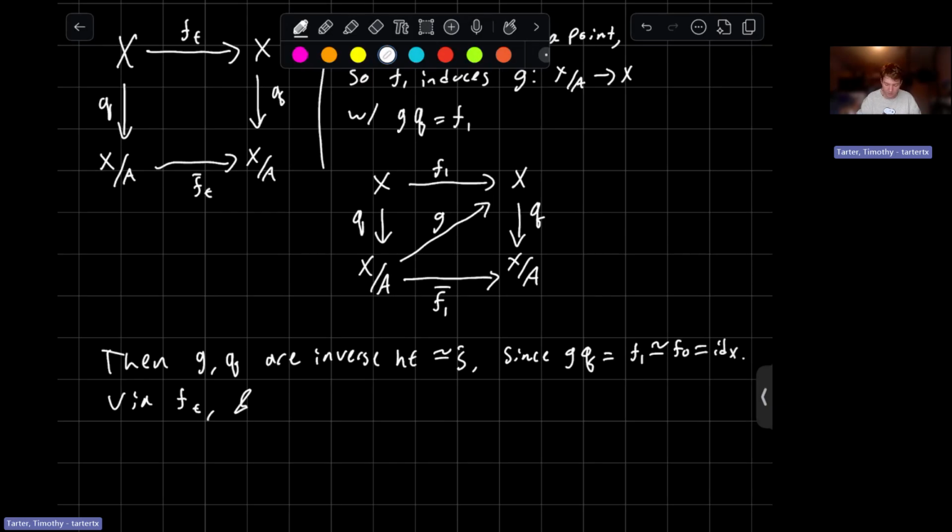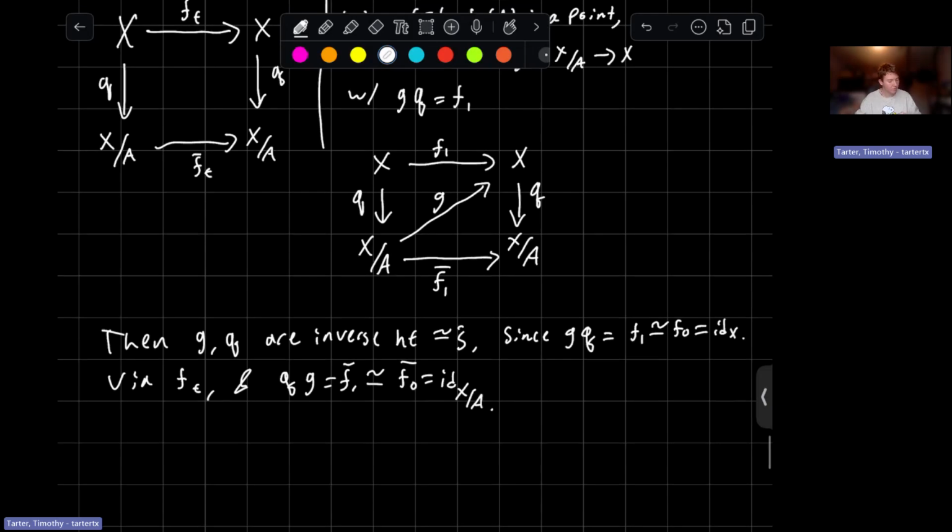And then q composed with g is equal to f1 bar, which is homotopic to f naught bar, which is equal to the identity on X mod A via f of t bar.